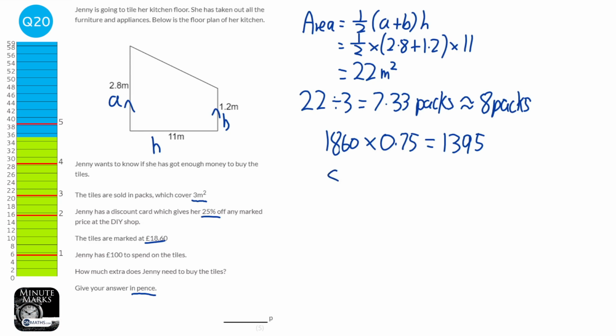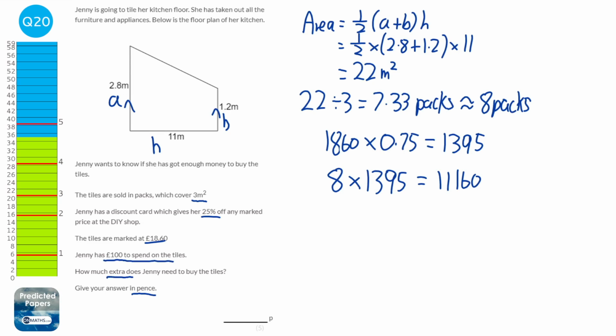So it's going to be 8 lots of the 1,395 pence packs, which will cost in total 11,160 pence, or £111.60.